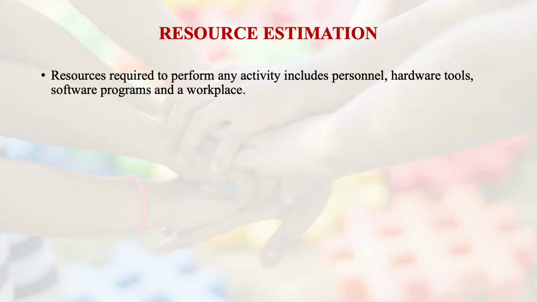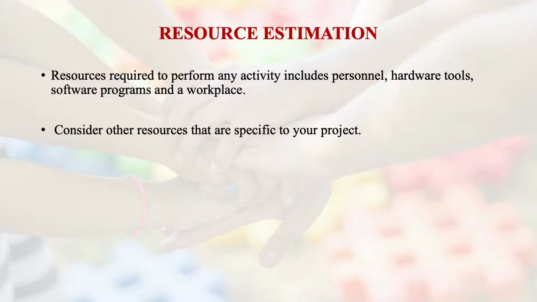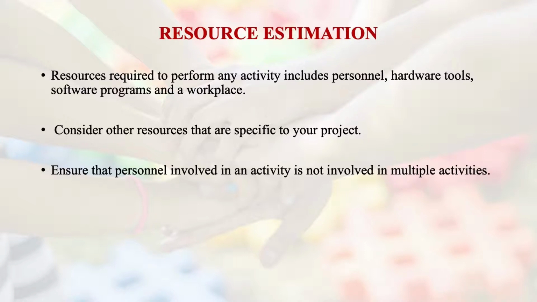Next, you have to do the resource estimation. Resources required to perform any activity include the personnel, hardware tools if you require, software programs, and a workplace. So consider other resources that are specific to your project also. Ensure that the personnel involved in any activity are not involved in multiple activities.